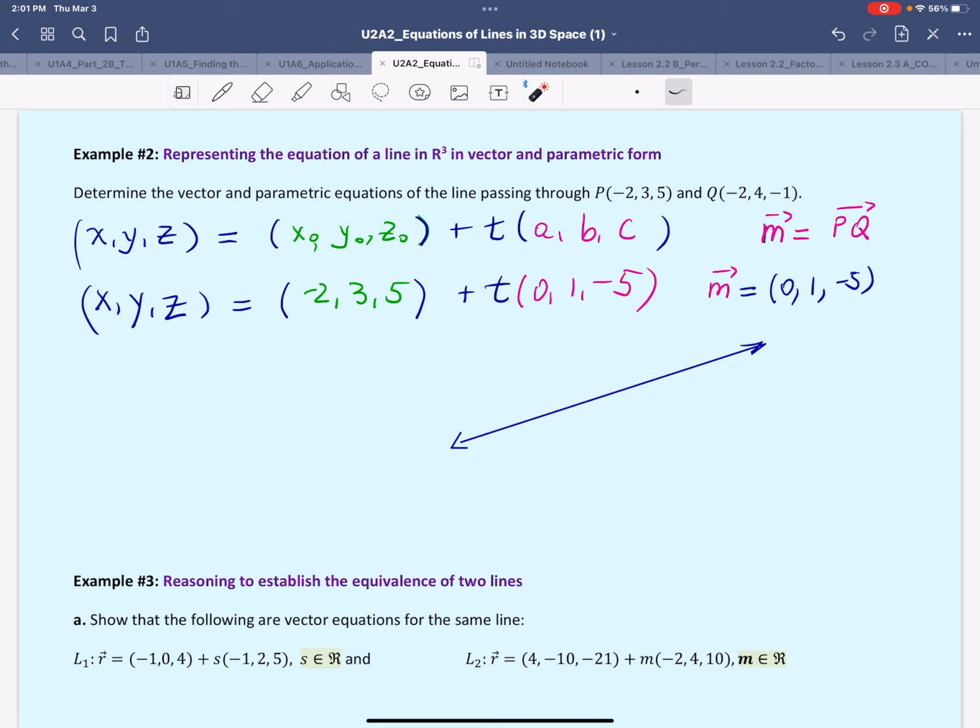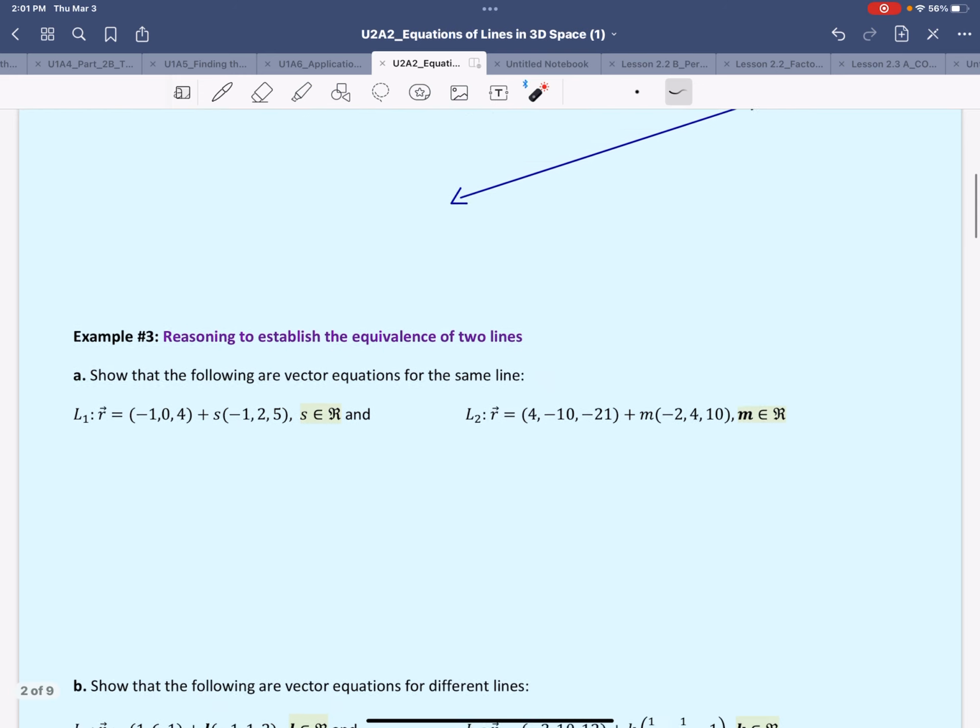It doesn't really matter, right? So if the point P is in here and we follow the direction of a direction vector, that can be the line. But we can also start from point Q and follow the direction vector this way, or any other direction vector this way, because the line never ends and you can extend it at both ends.